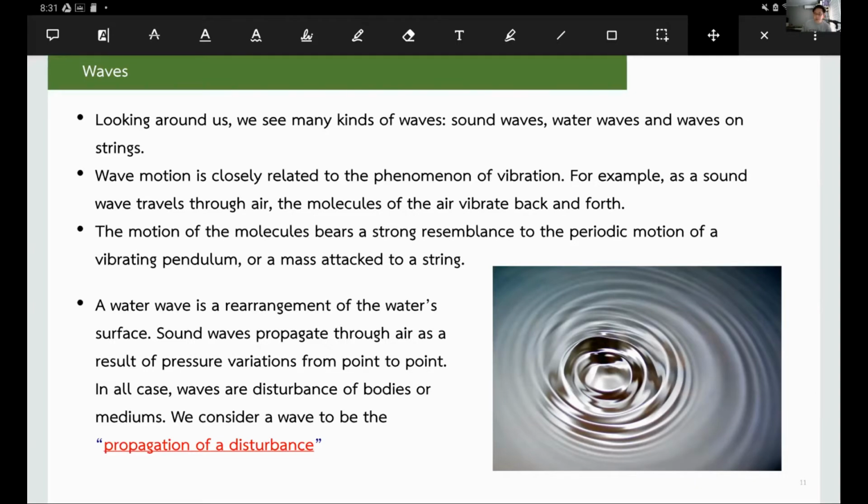I hope it's inclusive today in terms of how to deal with waves, how we can describe a wave using mathematics, and what the properties of waves are. That's coming a little bit later on. We're going to start with mathematics first.